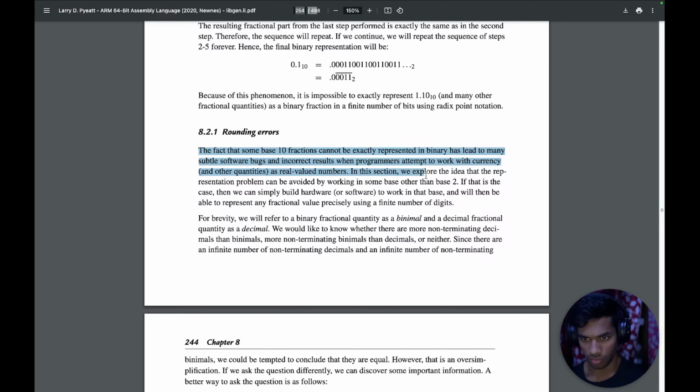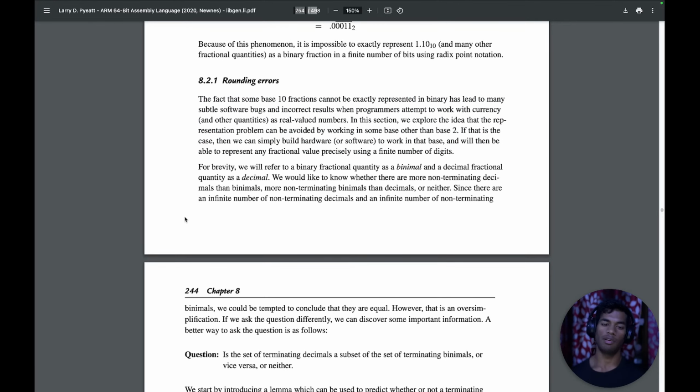In this section, we explore the idea that the representation problem can be avoided by working in some base other than base 2. If that is the case, then we can simply build hardware or software to work that way and will then be able to represent any fraction values precisely using a finite number of digits. Okay, but is there a base like that for brevity?